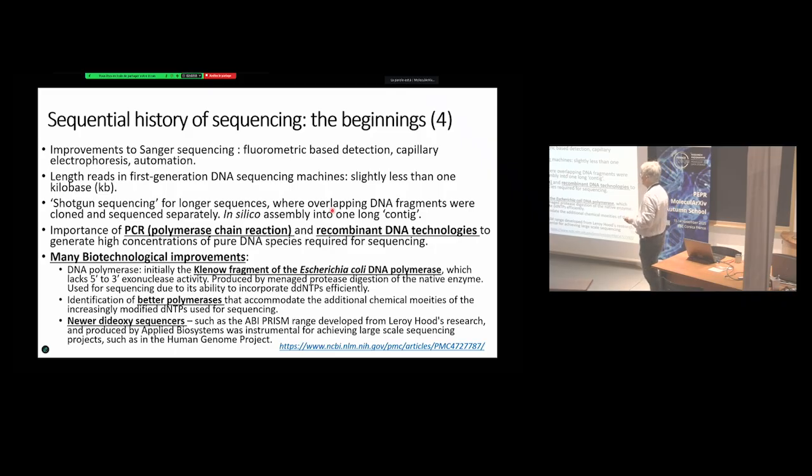It was quite interesting. So this led to the first shotgun sequencing.